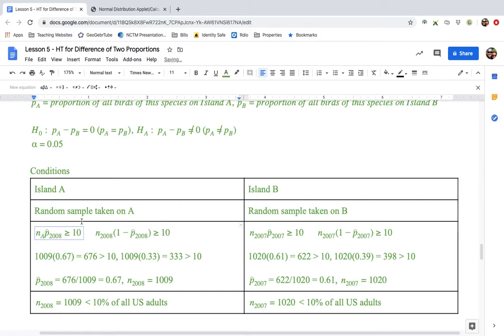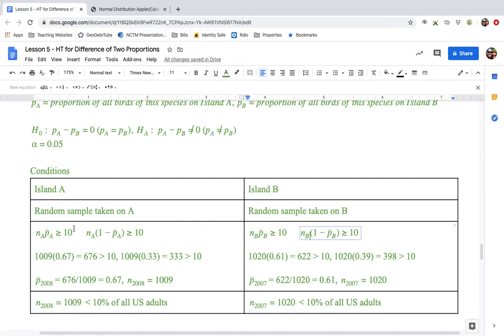Over here we've got to check these numbers out: the sample size for island A times the sample proportion for island A, and the same thing with island B. So what do we know?